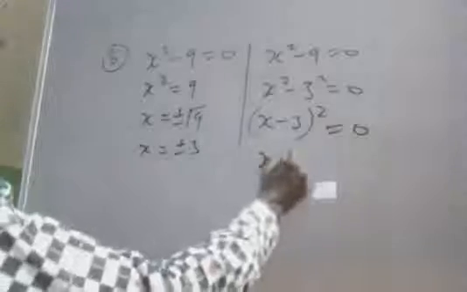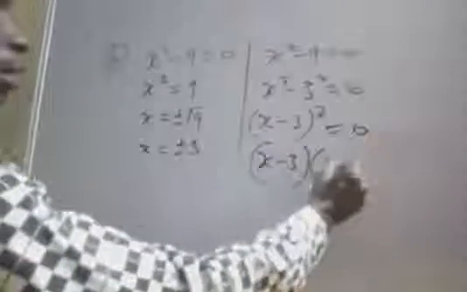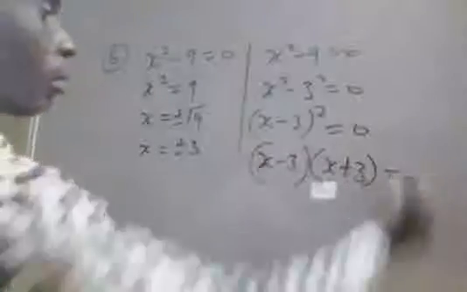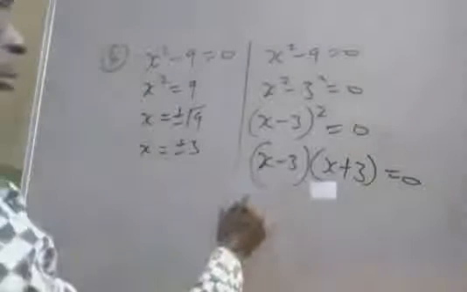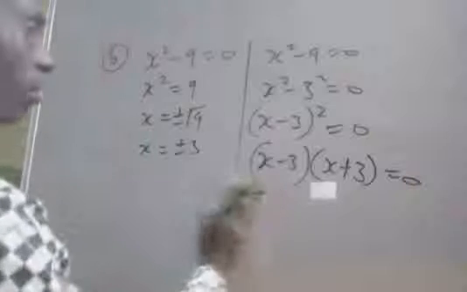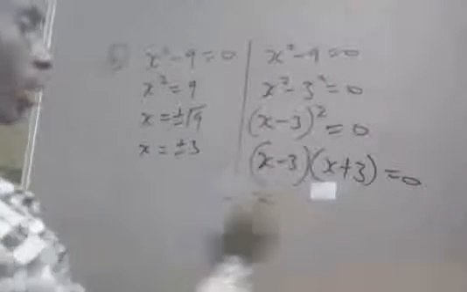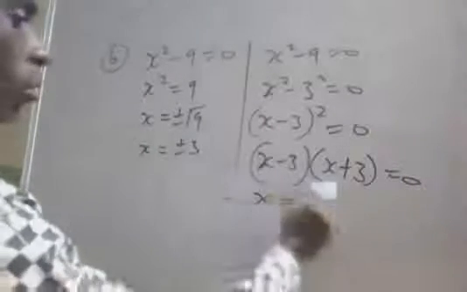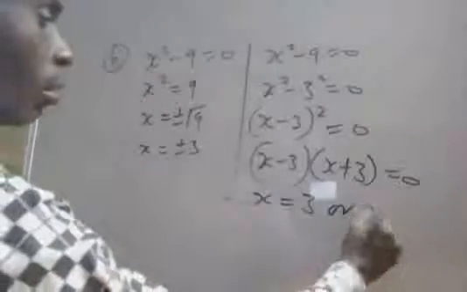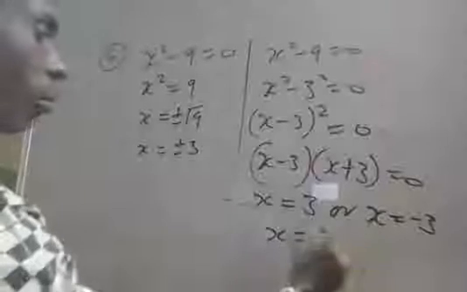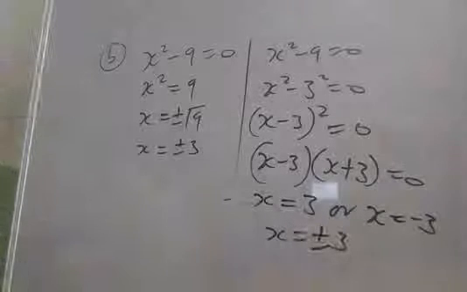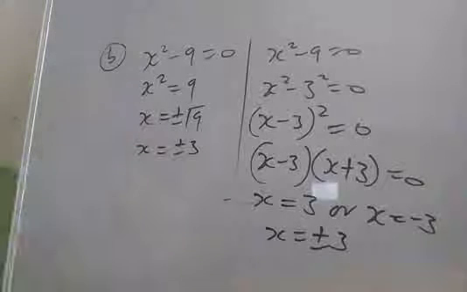So you have x minus 3 bracket x plus 3 will be equals to 0. And this will give you your x will be equals to 3, or your x will be equals to minus 3. So x is the same thing as plus or minus 3 as we got from here. So you can use any of these methods to get your answer.